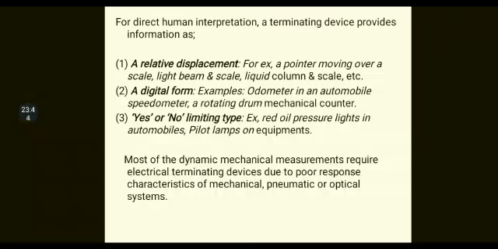Friction is there, so you need to apply more input to show the minimum output. This will definitely cause errors, so the response is poor compared to electrical systems.